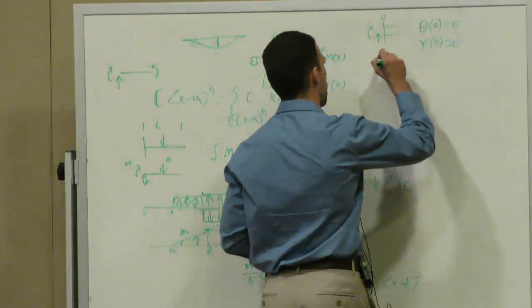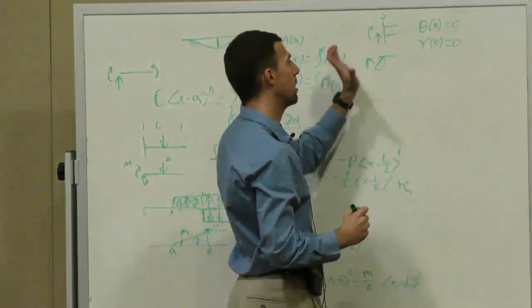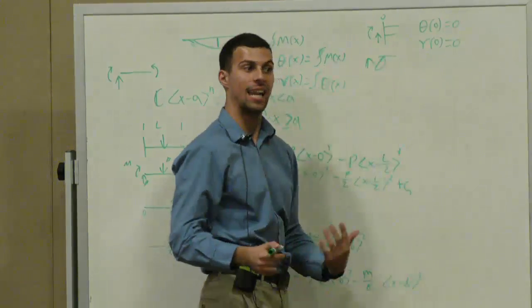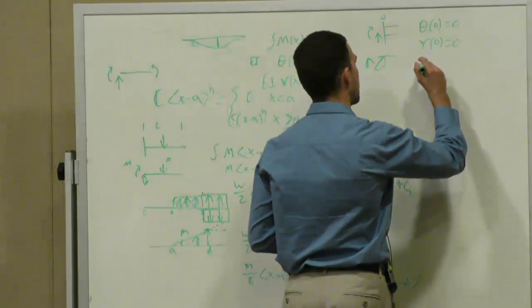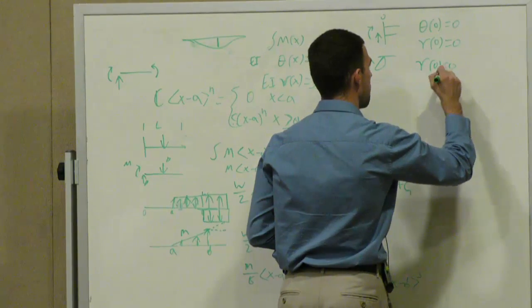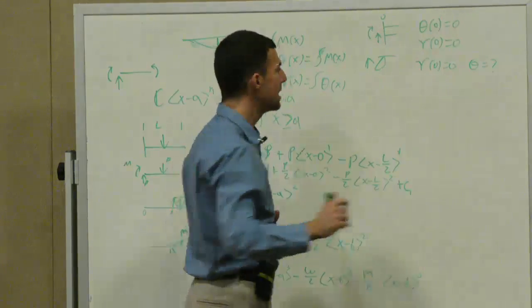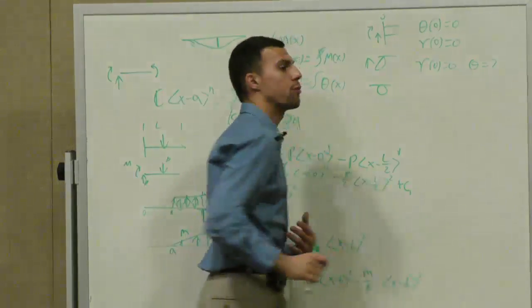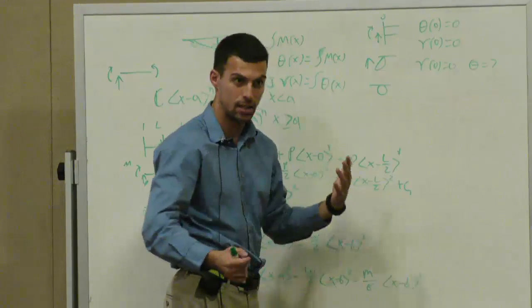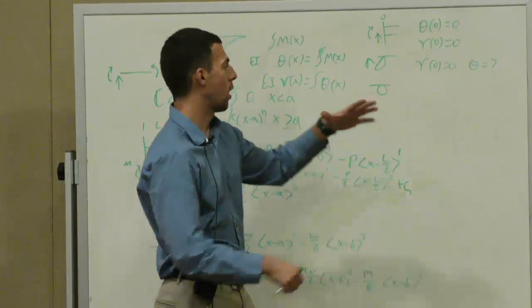At a pin support, you can't move up and down, but you can slope. There's no restriction on moment at a pin connection. Therefore, you know that the deflection is 0, but you don't know anything about the slope necessarily. Same thing at a roller. Now, in reality, can you come off of a roller vertically? Yes, because a roller doesn't technically have a fixture like that.